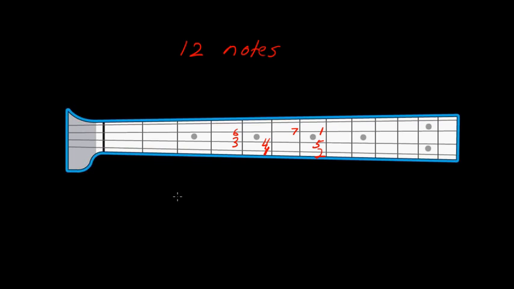But in order for me to do that, I have to give you definitions of 2 different symbols. One is what's called a flat note, and it looks like a small b like that. The other one is what's called a sharp note, and the sharp looks like a number sign like this.